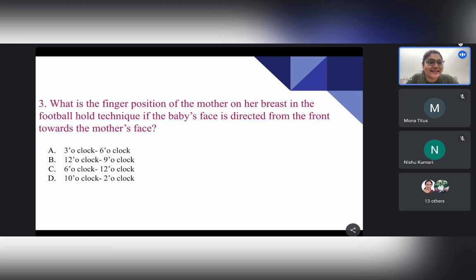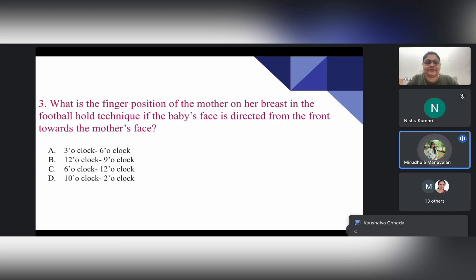Why is everybody silent? You can write down your answers in the chat box as well. Option B. Option C. Okay, option B.